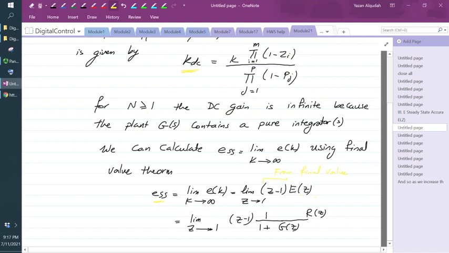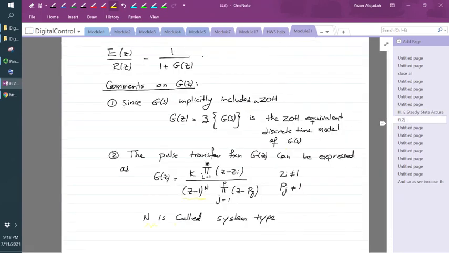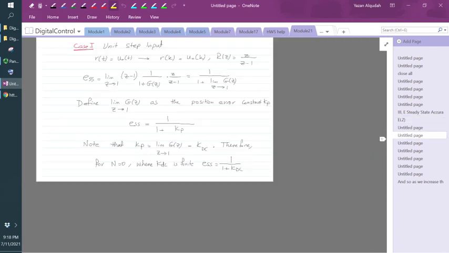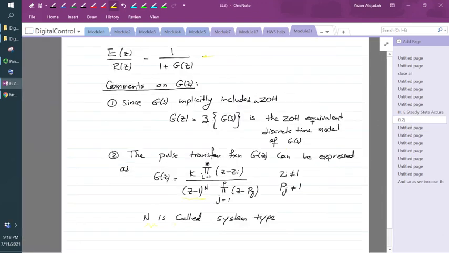So if I plug in what E of Z is equal to from what we calculated here, E of Z over R of Z is equal to 1 over 1 plus G of Z, and therefore the steady state error is going to equal the limit of Z minus 1 over 1 plus G of Z multiplied by R of Z. Again, this comes directly from here: E of Z is R of Z over 1 plus G of Z.